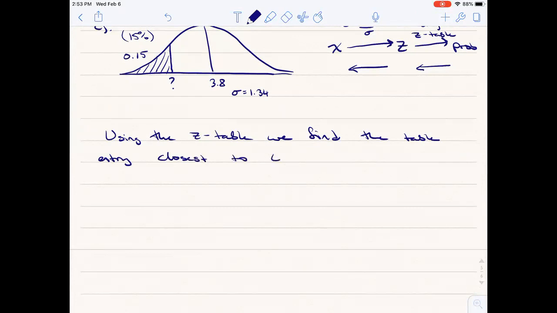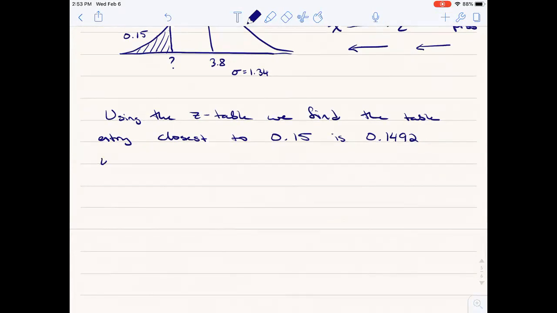Using the Z table, we find the table entry closest to 0.15 is 0.1492. So far, so good. Which corresponds to Z equal to, and now I can't remember, negative 1.04.